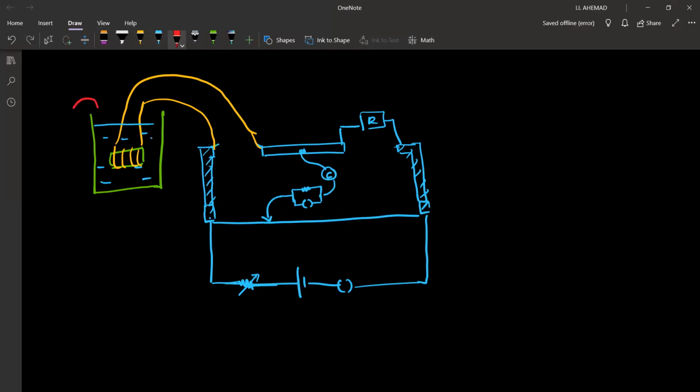We need a stirrer to mix this when I heat using a Bunsen burner. So from here I provide heat. To measure the temperature, we need a thermometer. To give away the heat uniformly, we use a wire mesh.